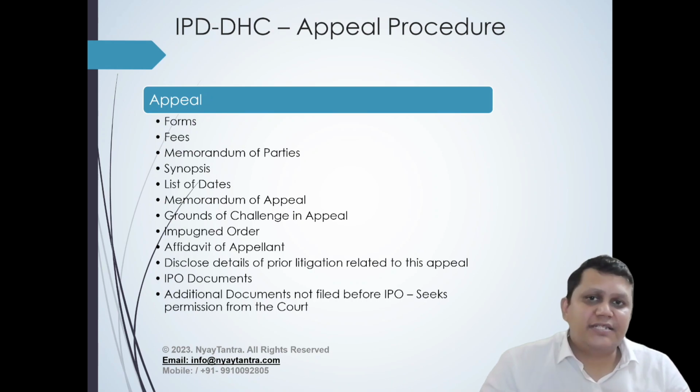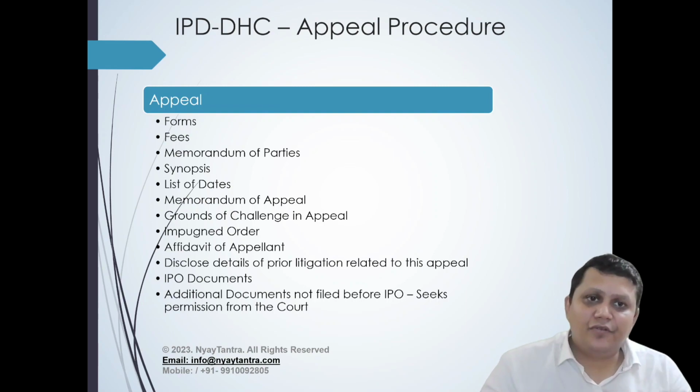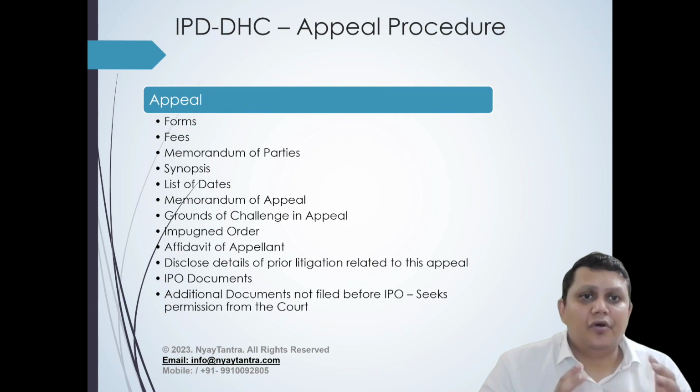The rest of the documents include, obviously, the impugned order which you intend to challenge before the IPD of the High Court, the affidavit of the appellant, and you must also disclose each and every detail about prior litigation on the similar subject matter before the High Court. Normally, all the IPO documents would be part and parcel of your appeal document.